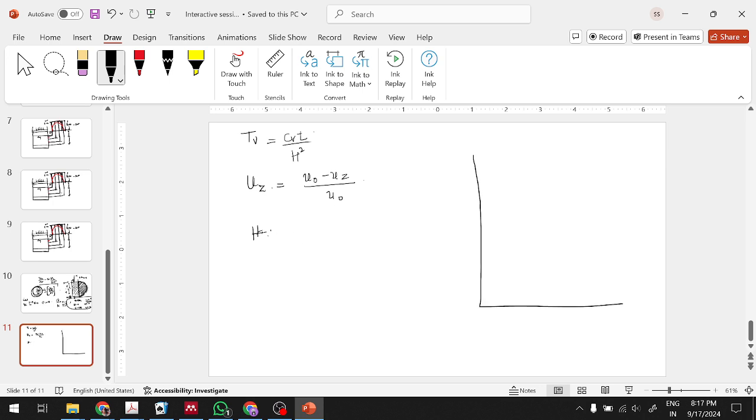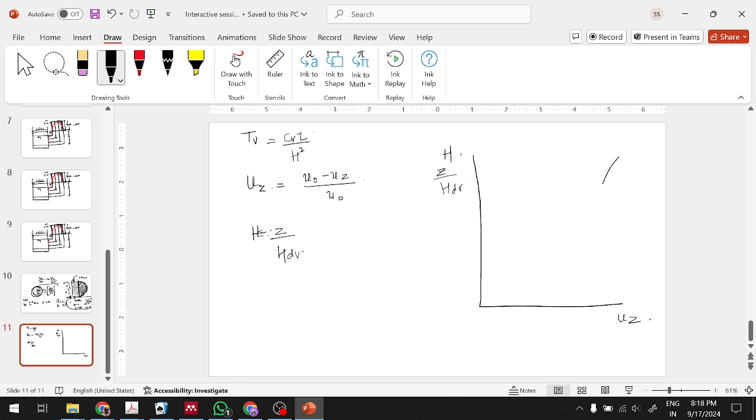This is Z by H. On the Z direction you will have UZ, and on the X direction you will have Z by H, the drainage.